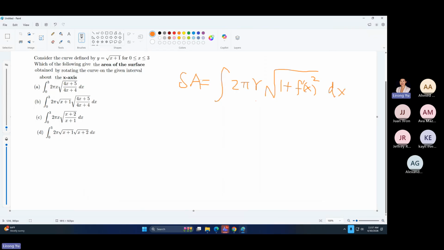Anyway, this question was revolving about the y-axis, revolving about the x-axis. So the radius actually equals y, because the x-axis has the equation y equals 0.